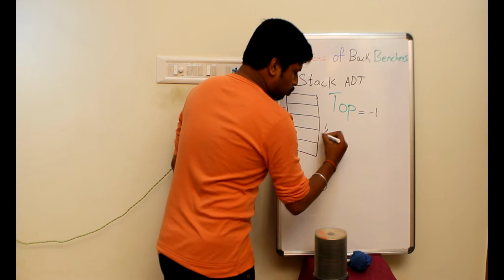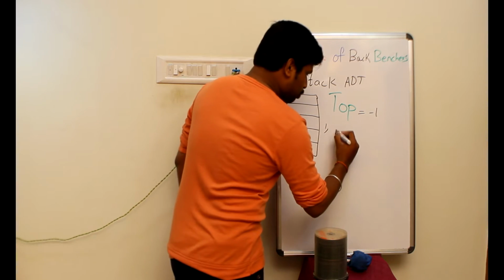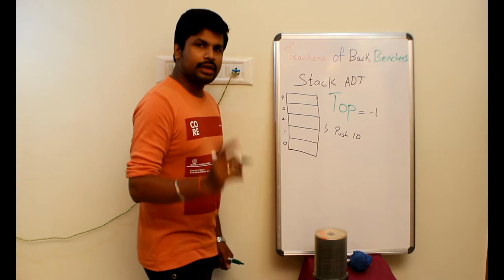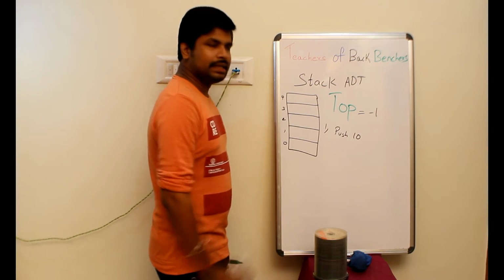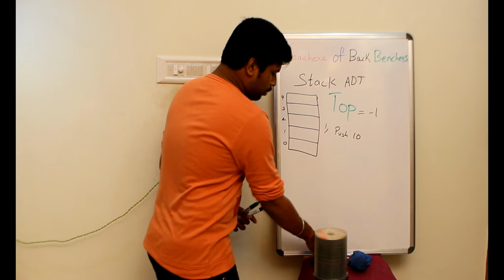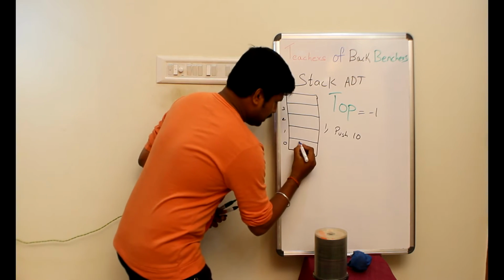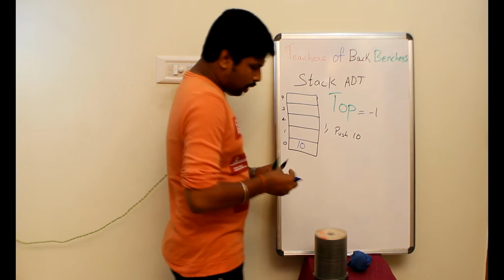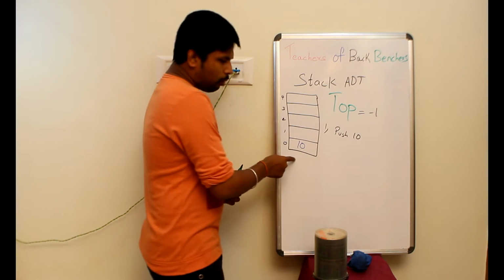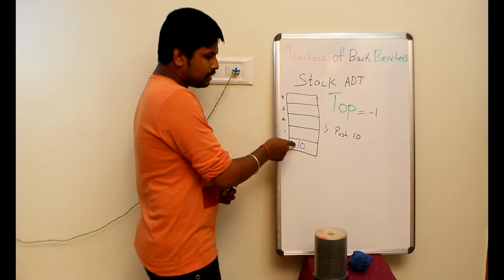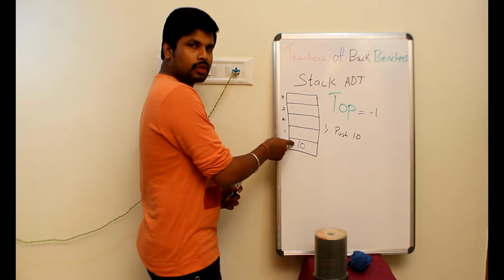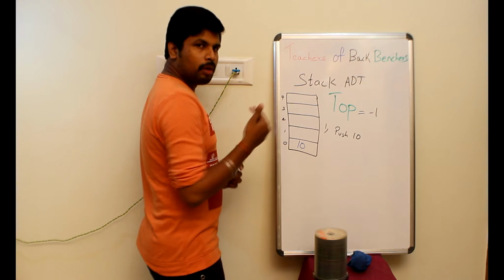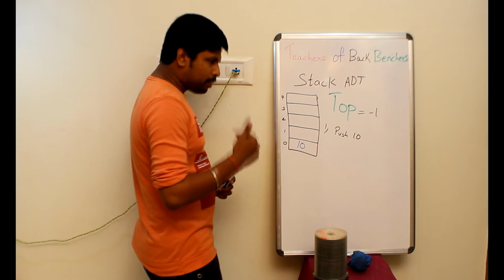Okay, so step 1, push 10, which means that we are going to insert a value 10 inside the stack. So we are going to push an element 10 inside the stack. Now what happens to the top? The top was equal to minus 1. We have inserted a value in the stack, so top gets incremented.